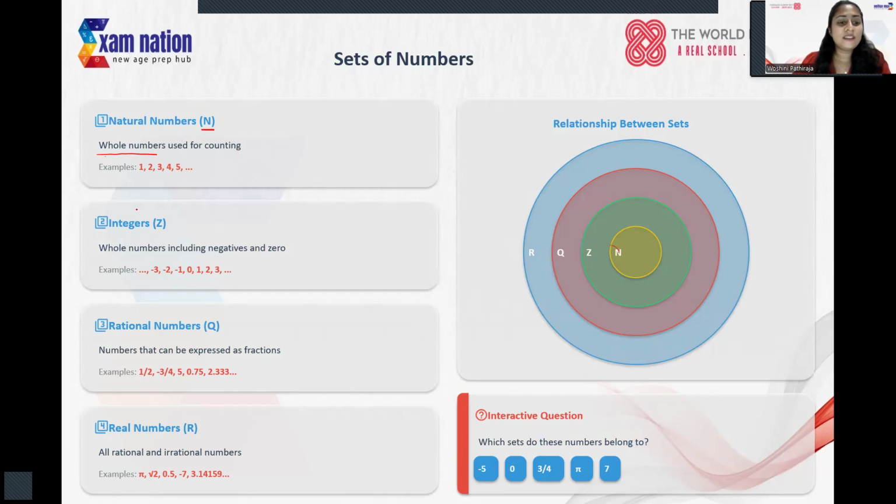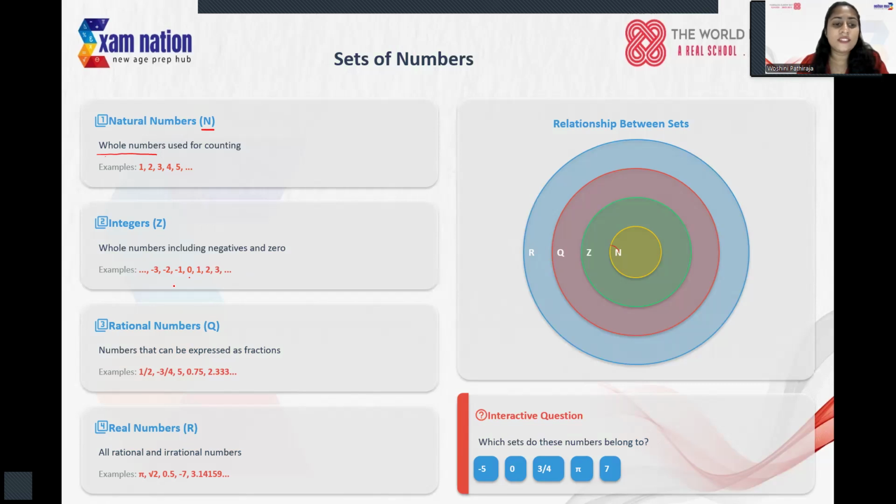Now, the second one is integers. For the natural numbers, we consider 1 to infinity, the numbers we can count. For the integers, we include the negative numbers, 0, and the positive numbers 1, 2, 3.